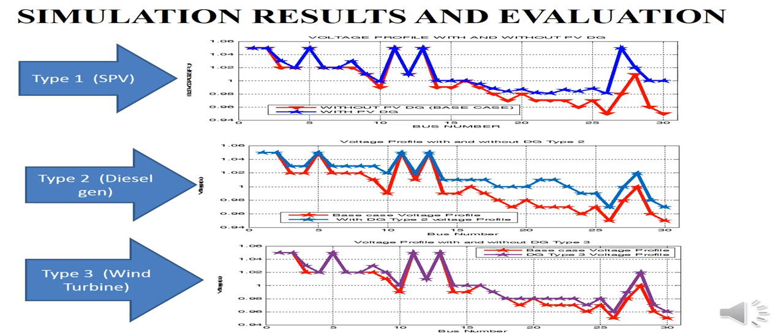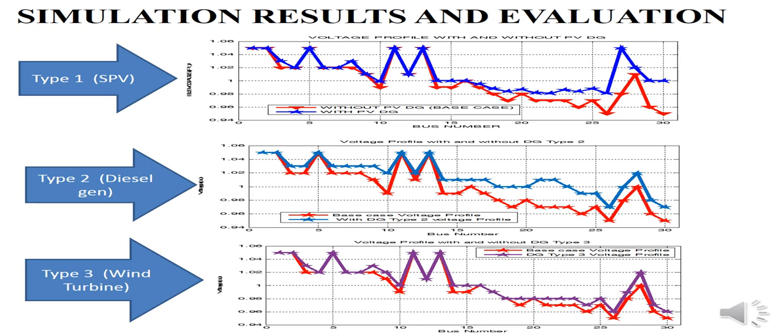Simulation results and evaluation. Here is a display of the voltage profile result of the types of DG when placed at the network. Type 1, we use solar PV.